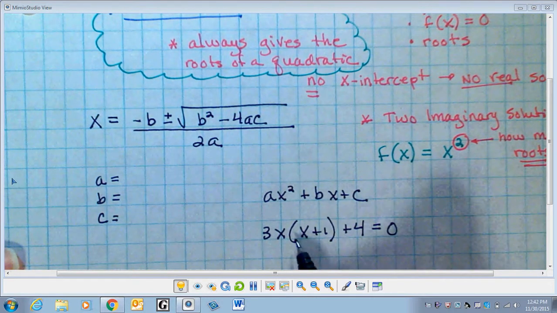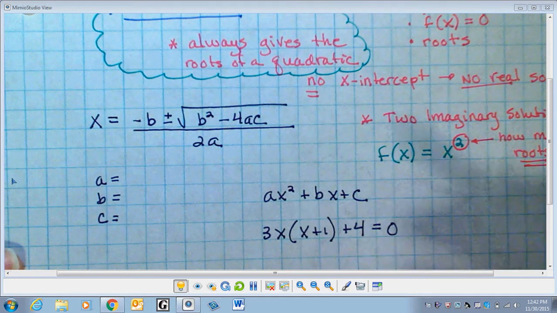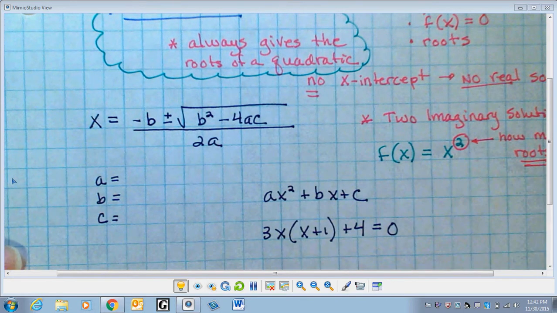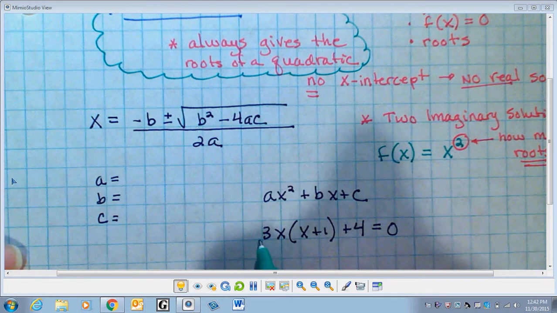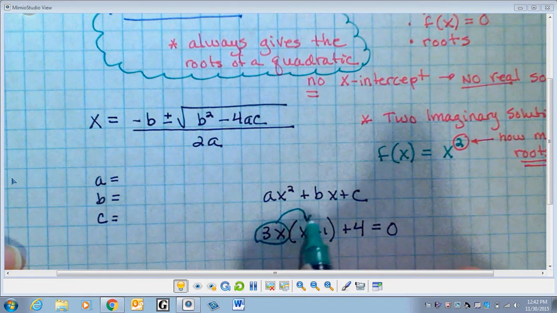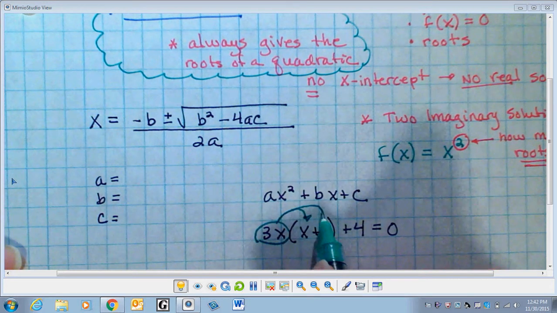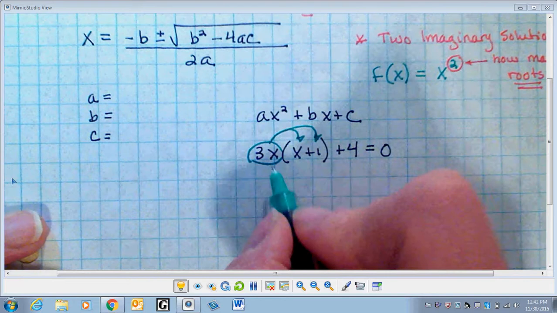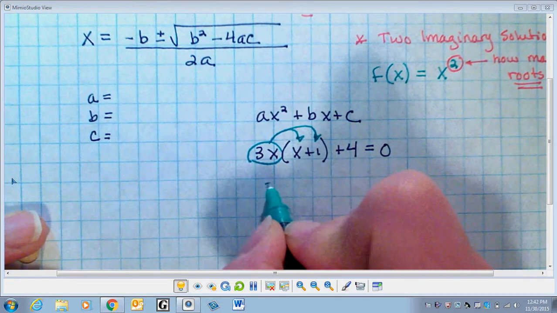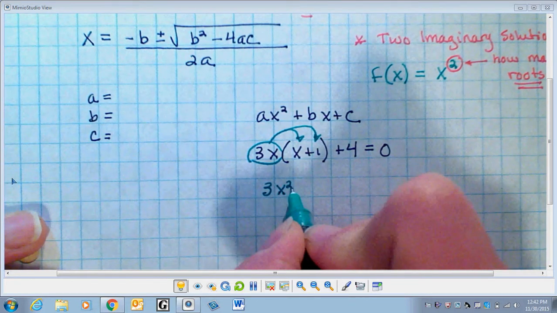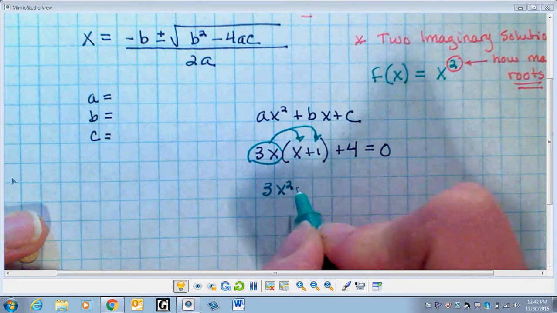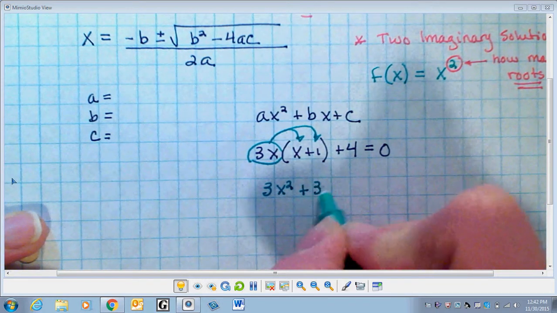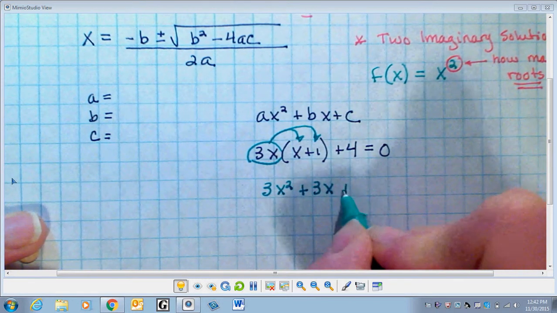So this clearly is not in the same form, which means I have to do some math. I'm going to do the order of operations, multiplying first. 3x is being multiplied to everything inside of that parentheses. So that gives me 3x times x, which is 3x squared, 3x times 1, which gives me plus 3x, and then I have a plus 4 here.